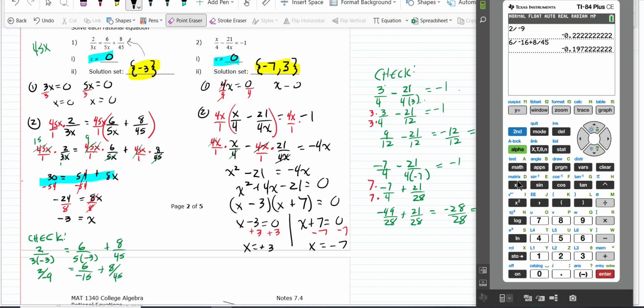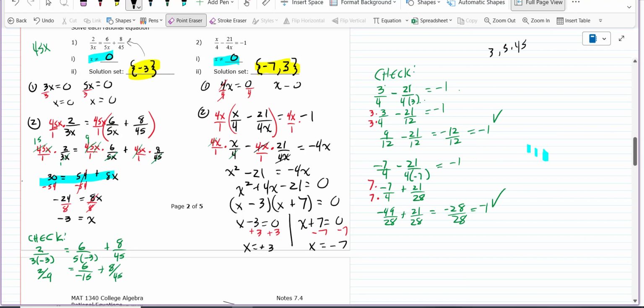Oh, what in the world did I do? I must have typed something in wrong there. That's a 15. I'm sorry, that right there is a 15. So if you do 6 divided by -15 plus 8 over 45, then it checks out. Both sides turn out to be -0.2 repeating 2's. So you can use your calculator to help you check if you want to.